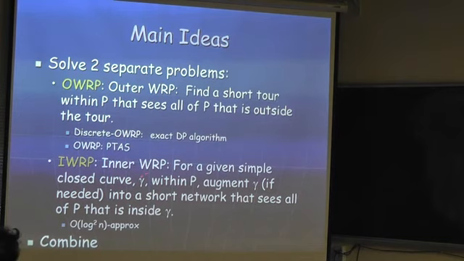And for that problem, I don't know how to solve it exactly at all. In fact, it's closely related to the set cover problem. But I can use results known from set cover. Namely, set cover has a log factor approximation and a structural result on geodesic triangulations that gives you a log squared factor. And then I argue how you can put the two solutions together and get an overall approximation.